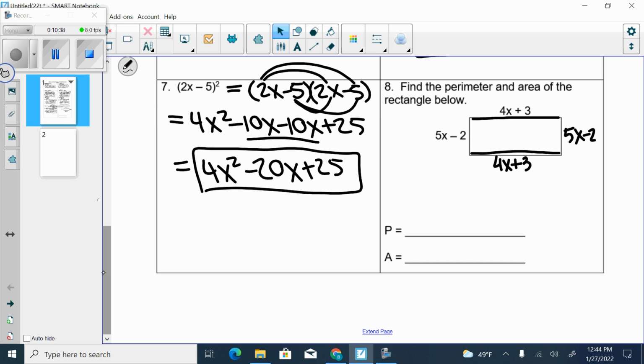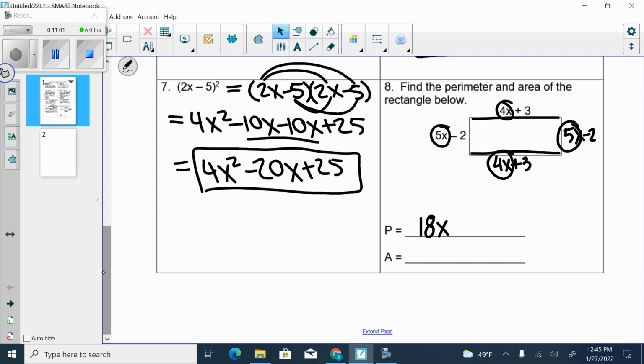So if I'm going to add up all the sides, we said when we add like terms, right? So I'm going to add up all the x's. I've got 4x here and 4x here, which is how much? 8x. And then I got 5x here and 5x here, which is how many more? So what is 8x plus 10x? Okay, so we got 18x.